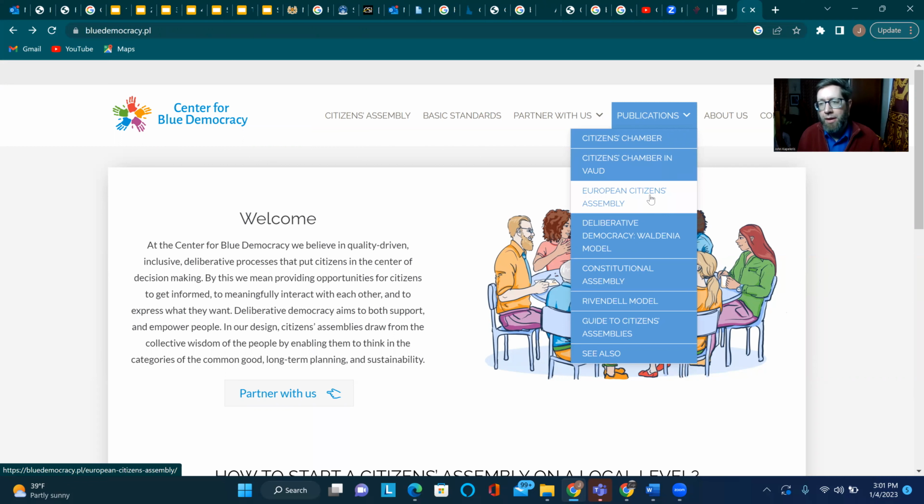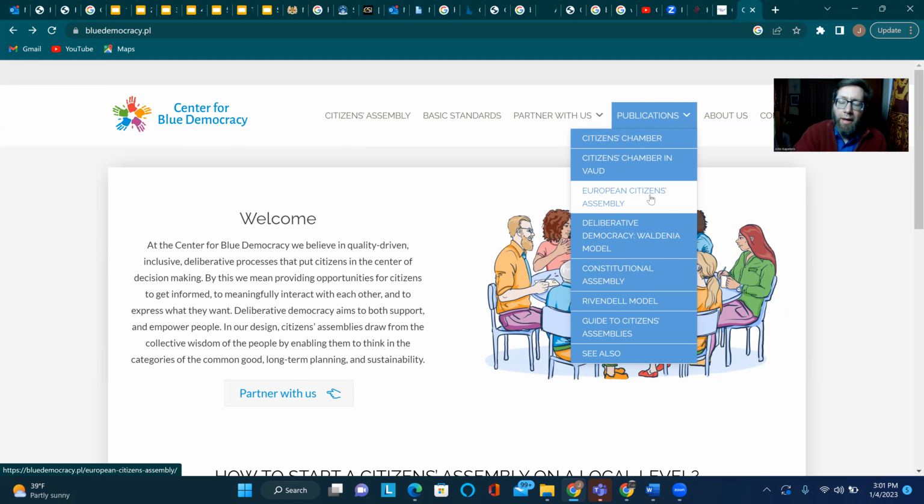European Citizens Assembly, that's something they want to use to improve the European Union. And so the European Union really has a democratic deficit. It's very Republican. It has a lot of checks and balances, but the people really don't have a lot of say in making law.